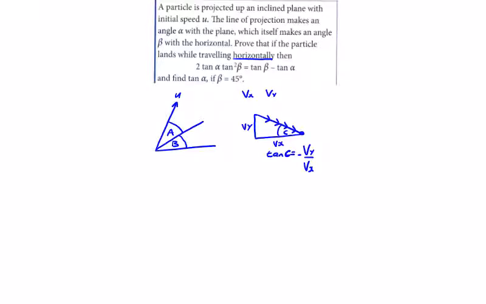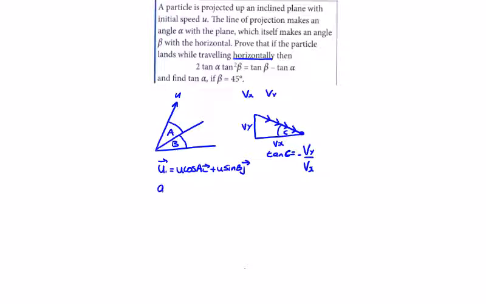So let's start this question by setting up our equations. We have our normal equations here. Our initial velocity is equal to u cos A in the i direction plus u sine B in the j direction.